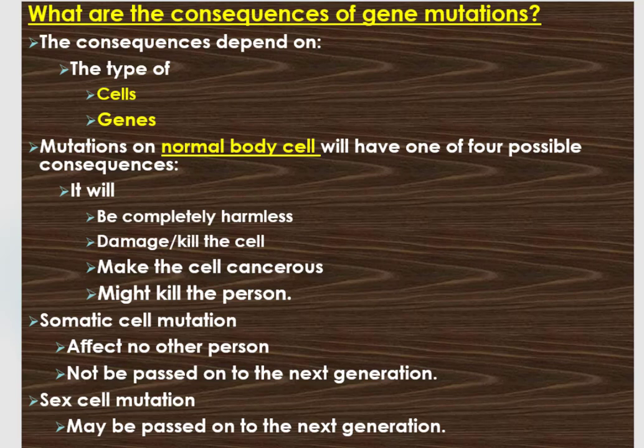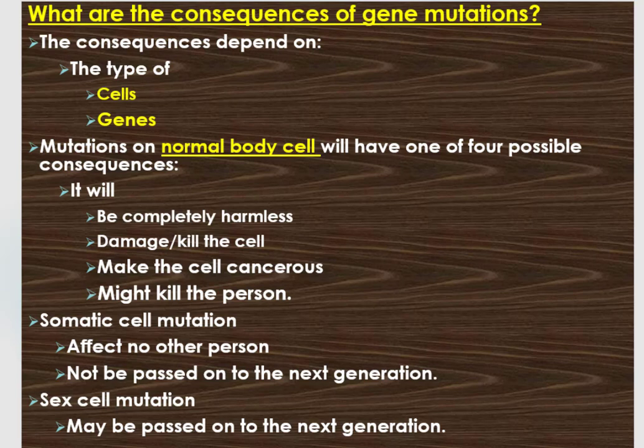Mutations on a normal body cell will have one of four possible consequences. The first is that it will be completely harmless, the second is that it will damage or kill the cell, the third is that it will make the cell cancerous, or the fourth is that it might kill the whole organism.